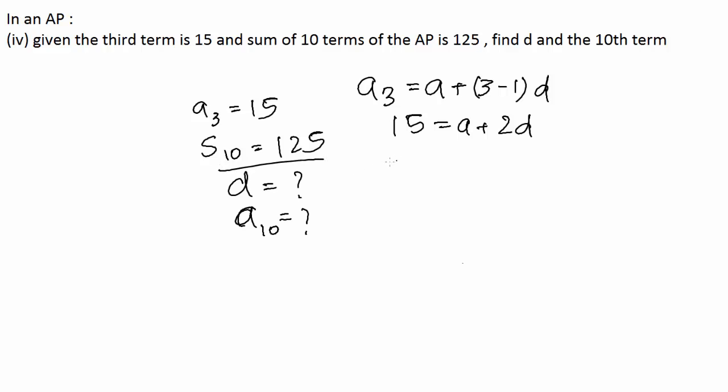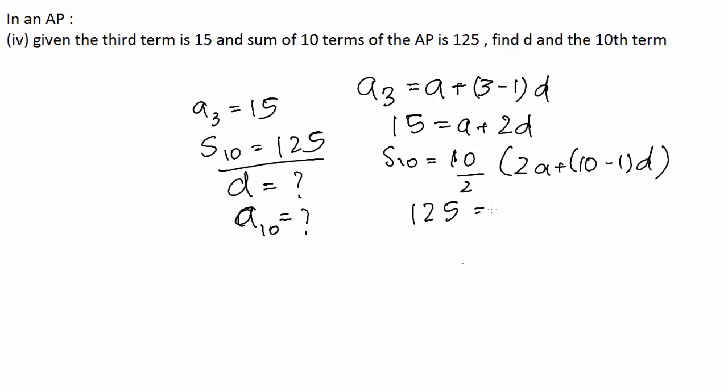Now S10 is equal to 125. So S10 is equal to, what's n? N is 10. 10 by 2 into 2a plus 10 minus 1 into d. Now that is 125 is equal to 5 because they gave the value of that over here.